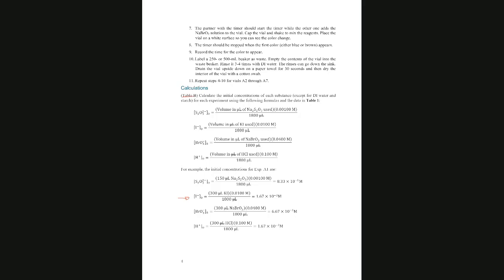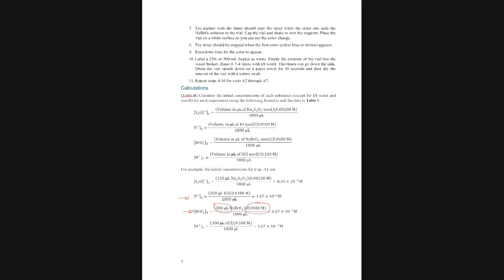Okay, so is this clear? Does it make sense how you are going to calculate? Let's look at bromate. They say that they use 300 microliters and the concentration is 0.04.